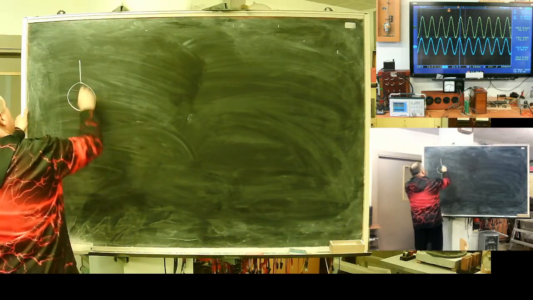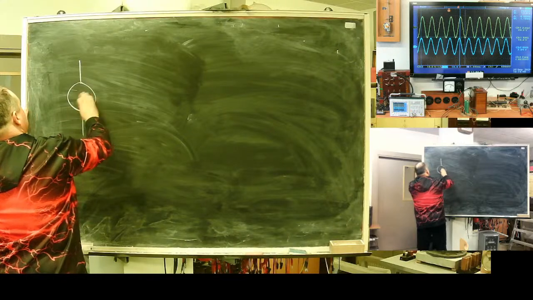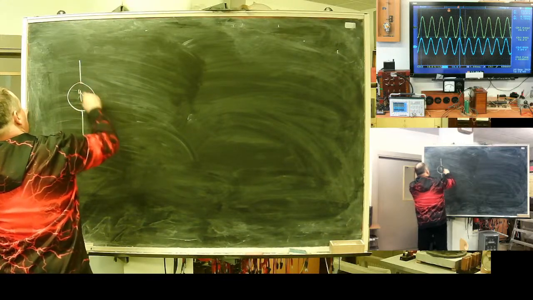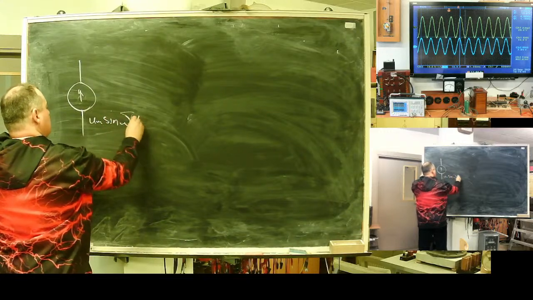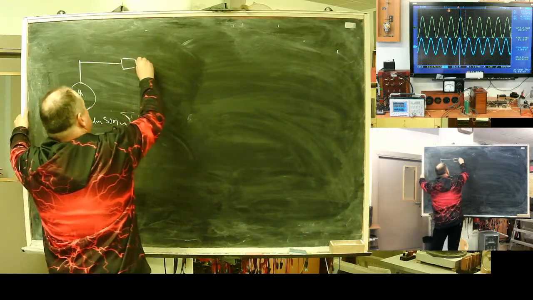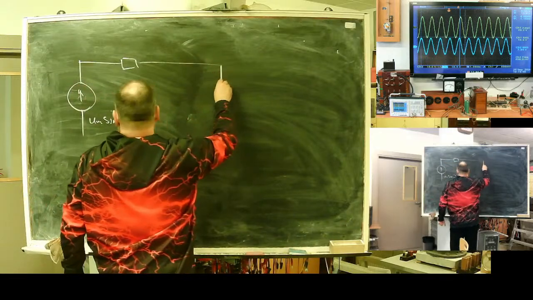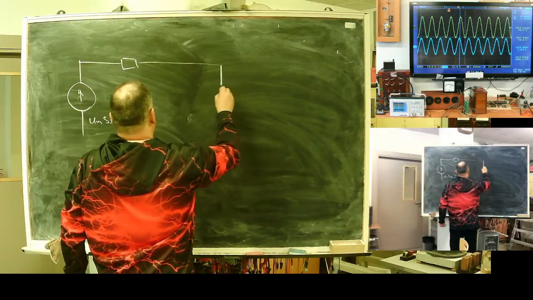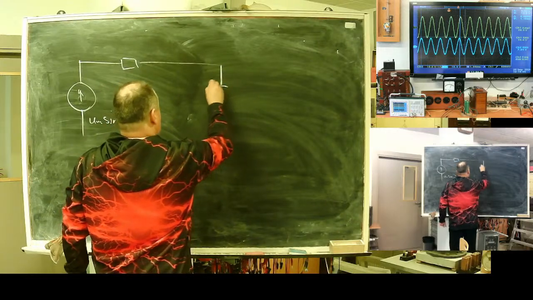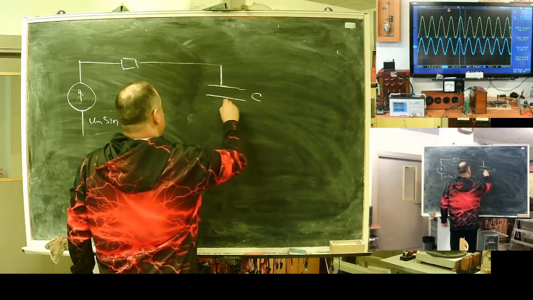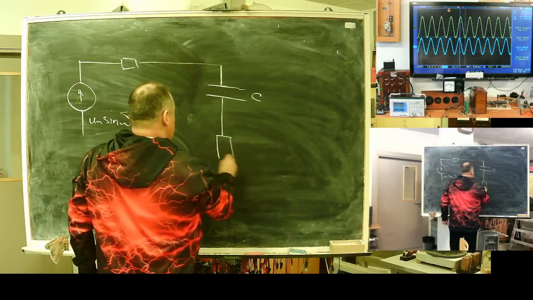I have a source. Let's say it's EMF at some sinus omega time, some resistance, not important, and I have a branch with capacitor and resistance.